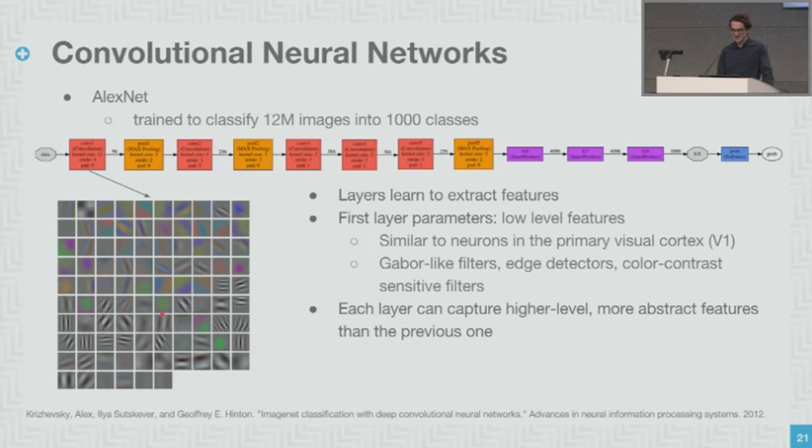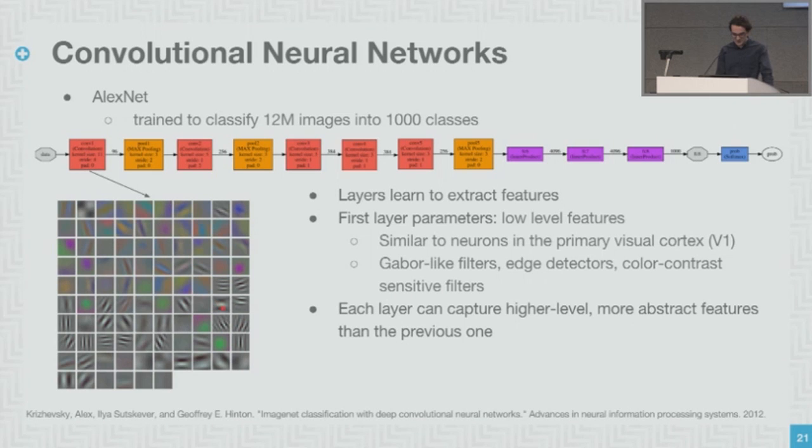They were all initialized as random values, and it was able to learn some useful features after being trained on all these images. These parameters look interesting because they look similar to neurons in the primary visual cortex, and this is basically the primary visual cortex of this network. It's the first convolutional layer.